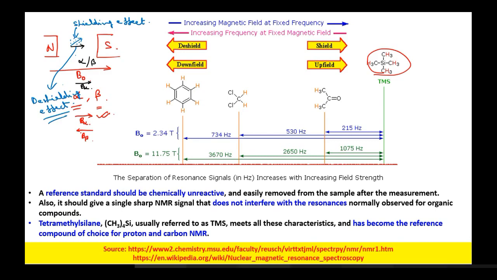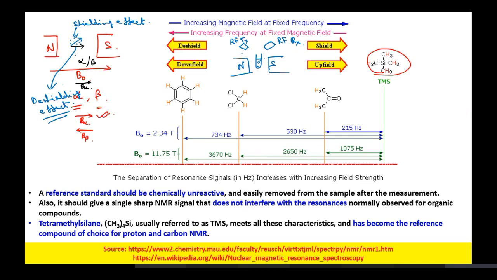Now let us understand NMR instrumentation in very simple words. As I told you, there will be a sample holder, and over there we'll have the sample. Then we'll have a strong magnetic field, then an RF transmitter, and then an RF receiver.